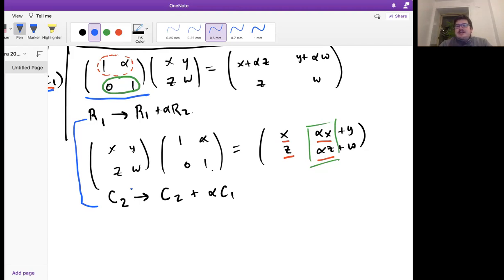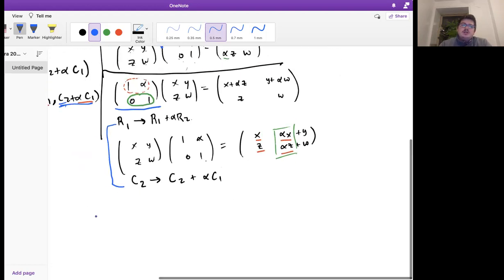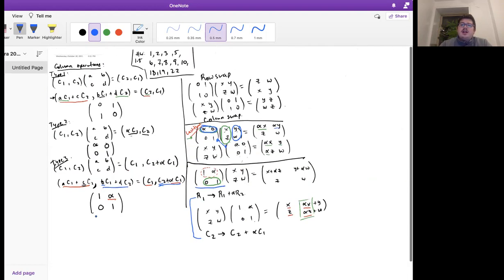But if you do happen to do that, notice that you're going to be multiplying an elementary matrix on the right. So don't focus too much on column operations, but row operations are enough to work with. But there are column operations.